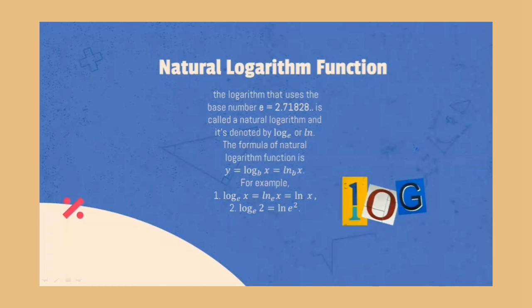The logarithm that uses the base number e, which equals 2.71828, is called a natural logarithm, and it's denoted by log base e or ln. The formula of natural logarithm function is y equals log base b of x, which equals ln base b of x.